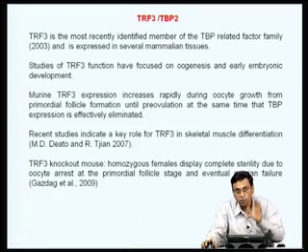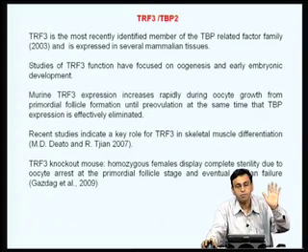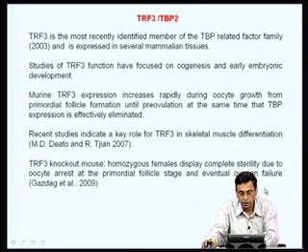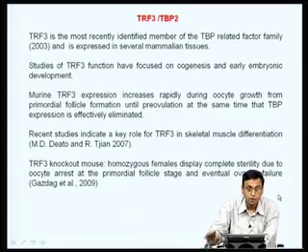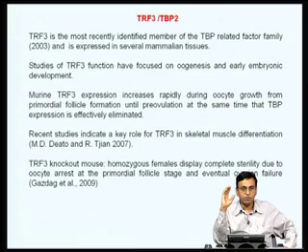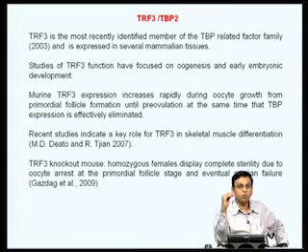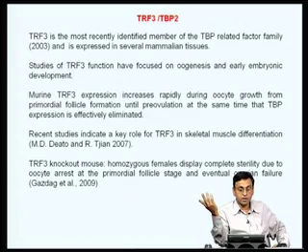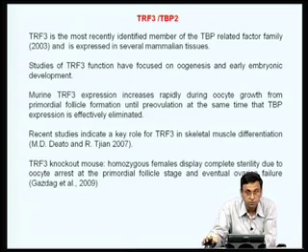Oocyte development cannot proceed beyond the primordial follicle stage, and therefore it leads to ovarian failure, clearly indicating that specific forms or variants of TBP have a very important role in oogenesis in mice.